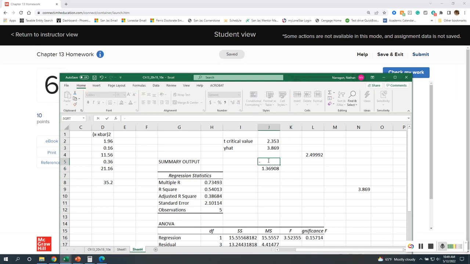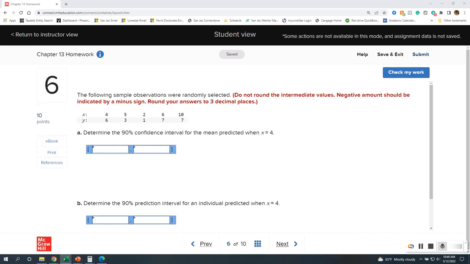So that's the negative, and this is the positive. So this will equal to this plus this. Alright, so let's double check, make sure we got them in correctly.